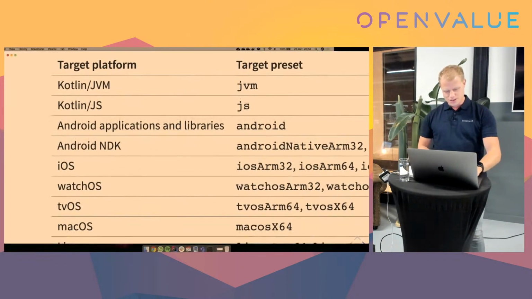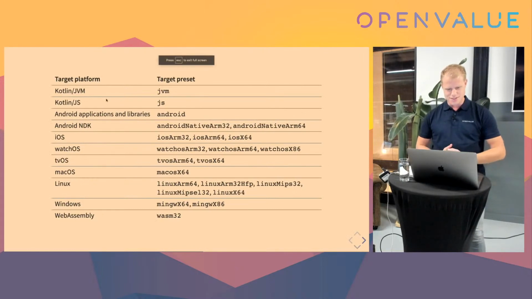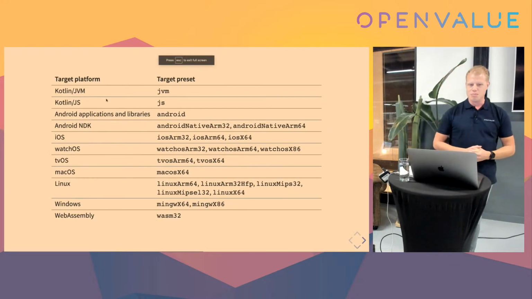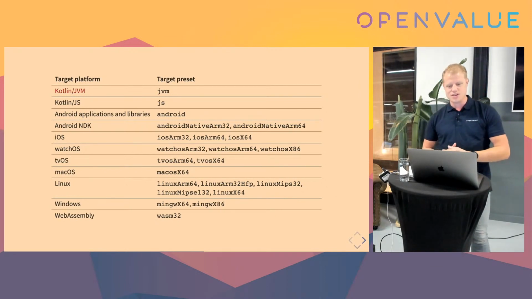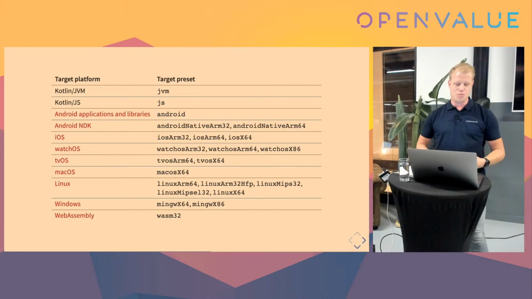Ooh, this looks awful. Let's fix it. Here we go. Which platforms are actually supported by Kotlin Multiplatform? We have already seen Kotlin/JVM and Kotlin/JS, but then there are a bunch of other platforms, and those are grouped by Kotlin itself as Kotlin/Native. From the previous slide I was talking about Kotlin/Native.